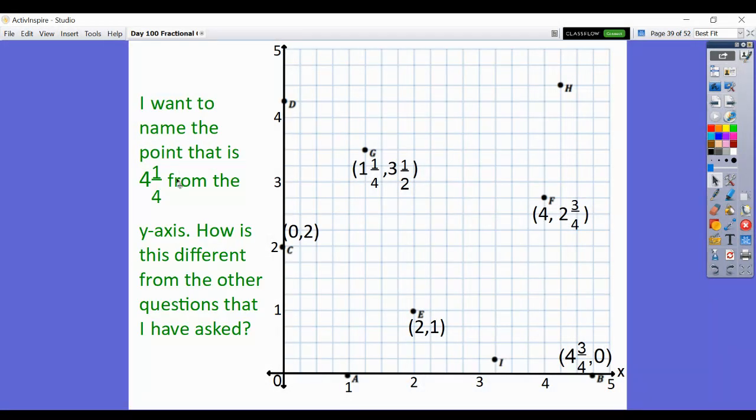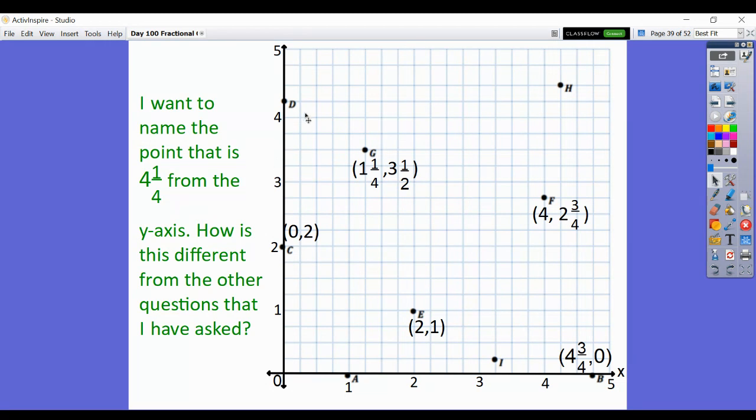I want to name the point that is 4 1/4 from the y-axis. How is this different from the other questions I have asked? Well, we're just looking for a point off of the y-axis. We're looking for the value of x, because if a point is 4 1/4 from the y-axis, then we're looking for movement on the x-axis, since the x-axis number moves away from the y-axis.